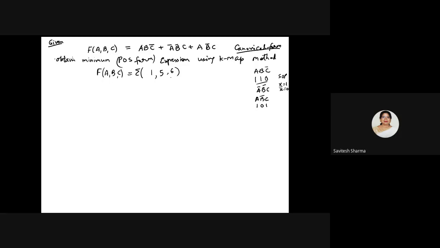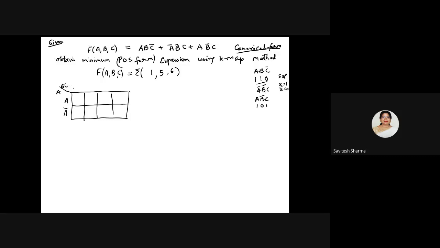So this is my problem. I know the minterms now, so I will draw the K-map. As I need a POS form, I will make some changes in these terms here. Earlier I was writing B, here I was writing A complement. This time I will write A, and here A complement.